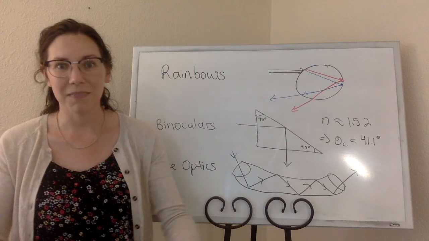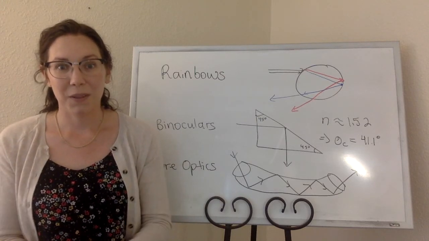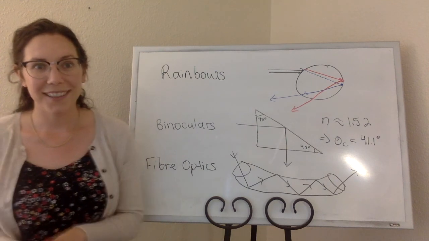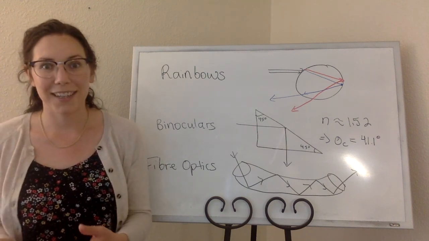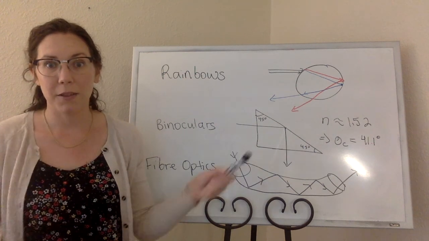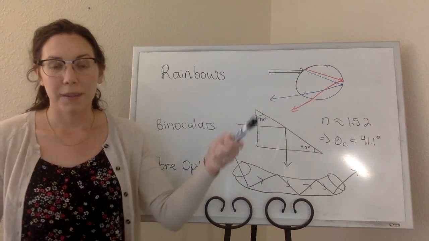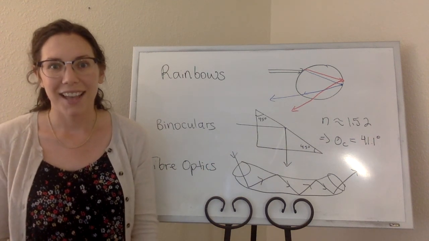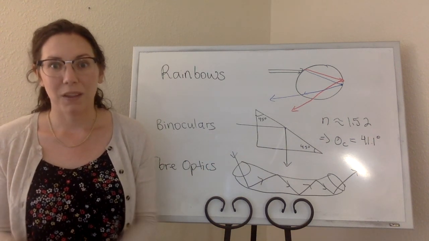Okay, an example of total internal reflection, we'll have two. One is binoculars. Binoculars actually use total internal reflection in prisms in order to redirect light so that light would enter the binoculars and then different prisms and setups would allow that light to be directed into the eyepiece. And usually it's a glass with a low critical angle.